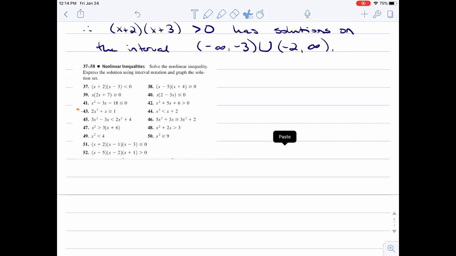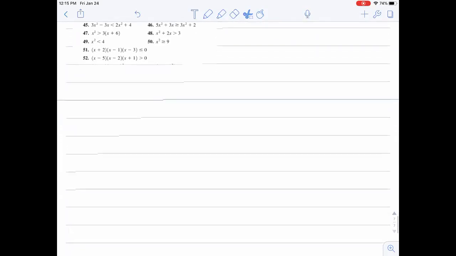This is already factored. So for 51, for example, I already know that it's going to cross the x-axis at negative 2, 1, and 3. Right? So I've already got my number line, negative 2, 1, 3. They just happen to work out in the order too.